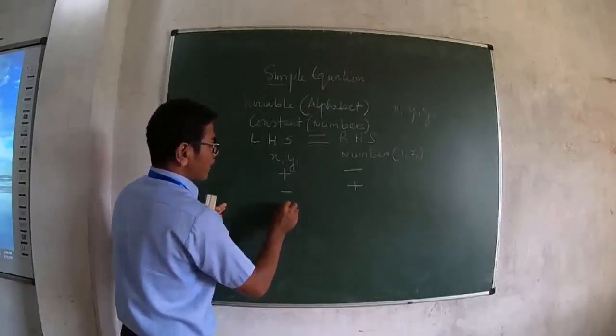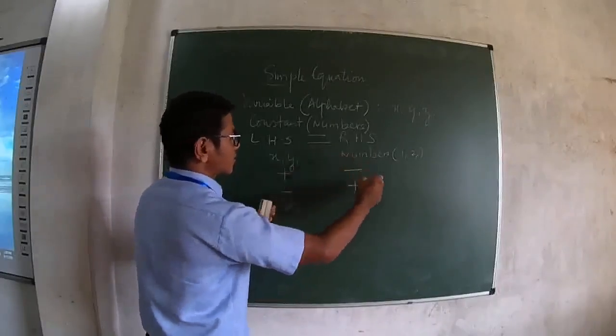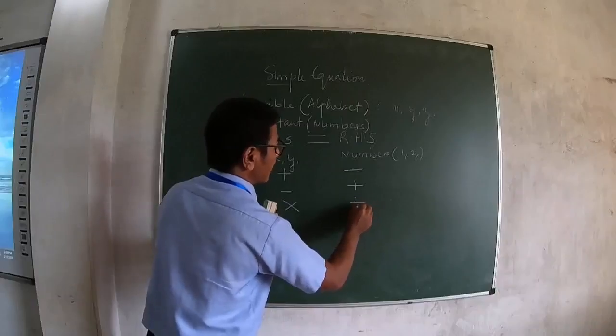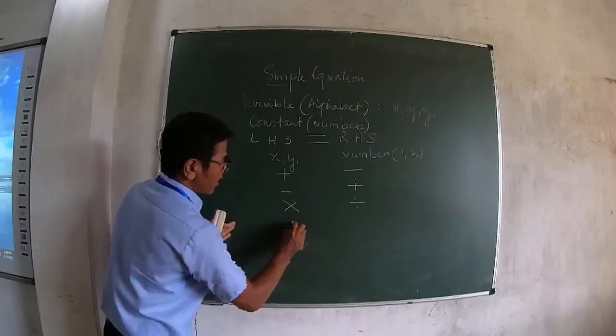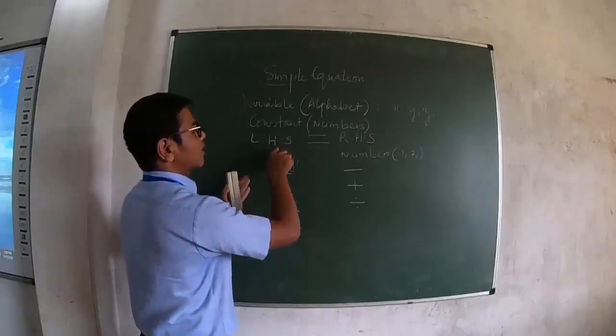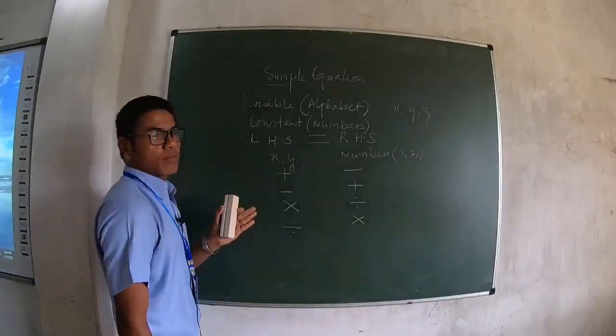Again, when a multiply from the left is transposed to the right hand side, it becomes a divide. Next, when a divide from the left hand side goes to the right hand side, it converts into multiply.